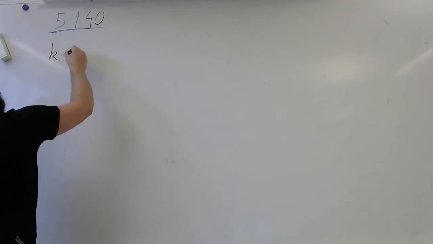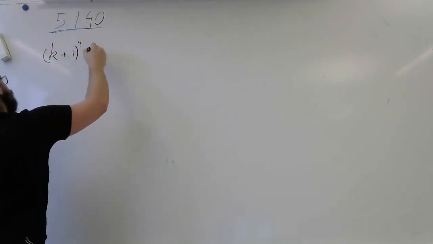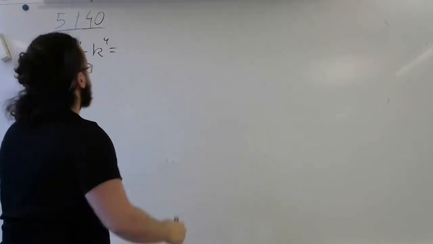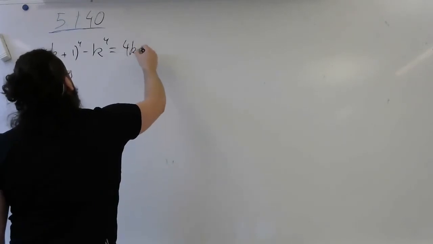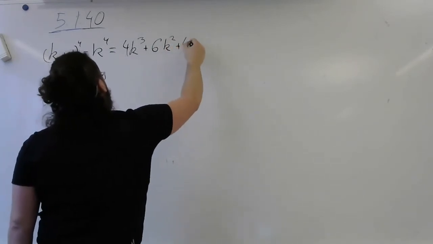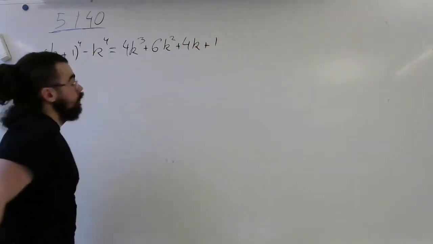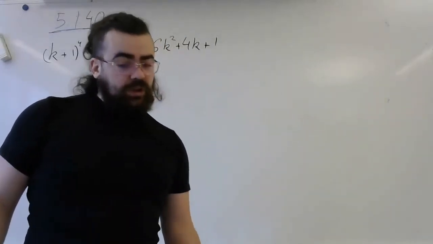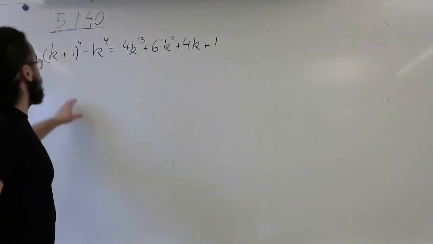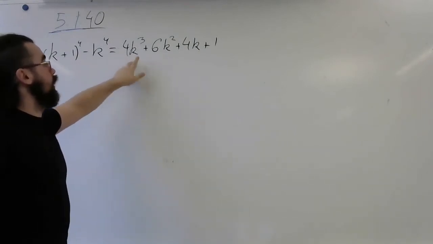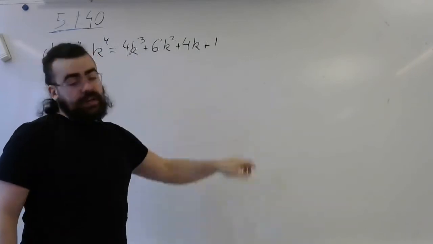Number 40, we have this identity, which is absolutely nothing from another world, nothing strange. (k+1) in power 4 is k^4 plus 4k^3 plus 6k squared plus 4k plus 1.